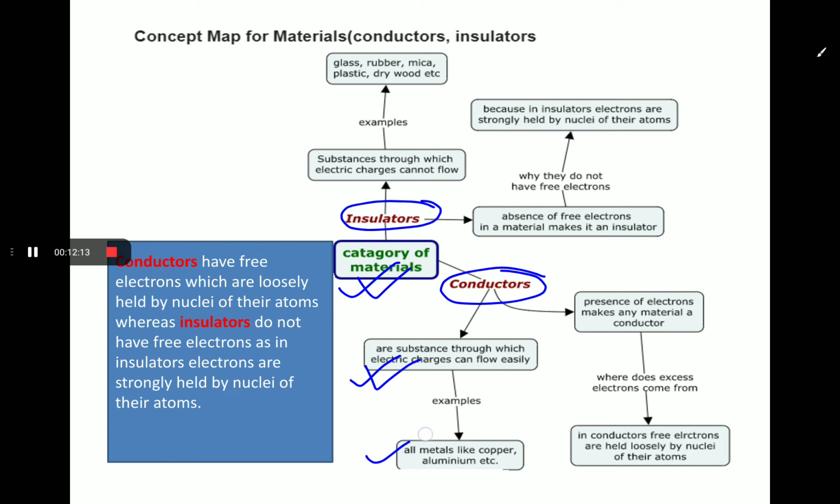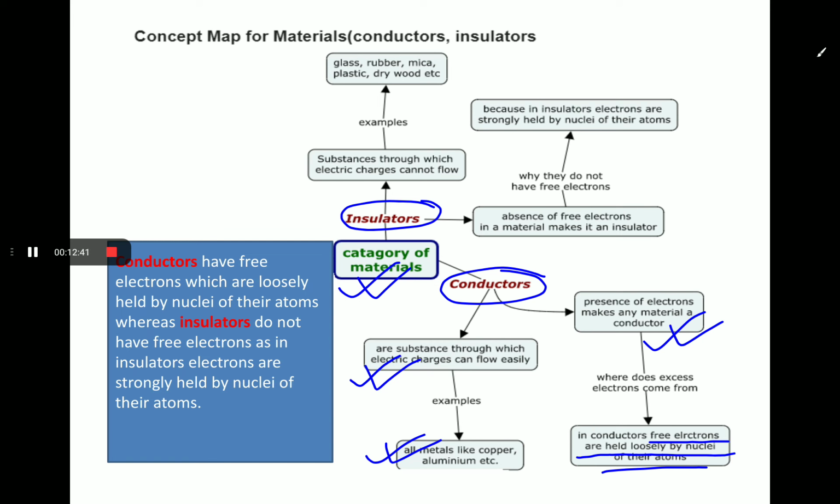Some examples are all metals like copper and aluminium. In a conductor, the presence of free electrons makes the material a conductor. Where do the excess electrons come from? In a conductor, the free electrons are held loosely by the nuclei of the atoms so that the electrons can move.